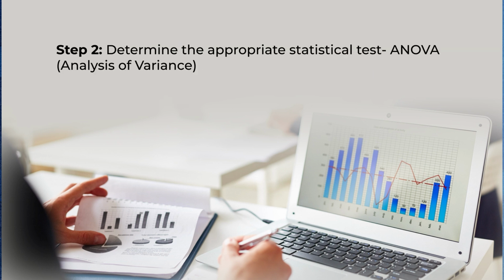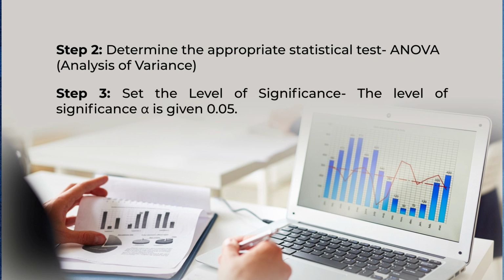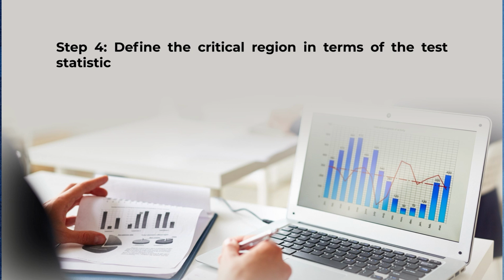Step 2 is to determine the appropriate statistical test. In this case, the test is ANOVA, that means analysis of variance. Step 3 is to set the level of significance, and we know the level of significance is assumed as 0.05. Step 4 is to define the critical region in terms of the test statistic. Now we have to define a critical value that separates the acceptance and rejection regions.